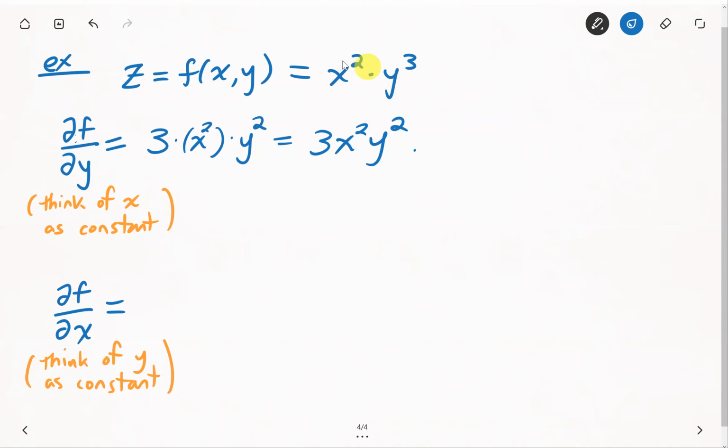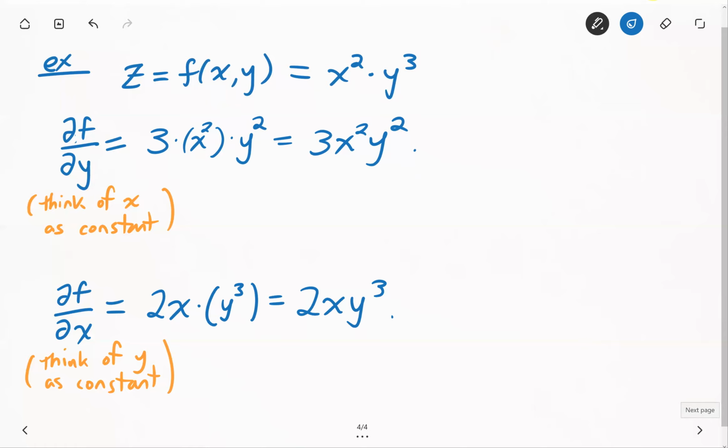We know what the derivative of x squared times a constant is. It's going to be 2x times that constant. So here I have 2x times the constant, which is y cubed. So the answer here is 2xy cubed. And that's all there is to it. Sometimes it can be a little bit tricky remembering what's a constant and what's not. We have to remember to apply our other rules as well.